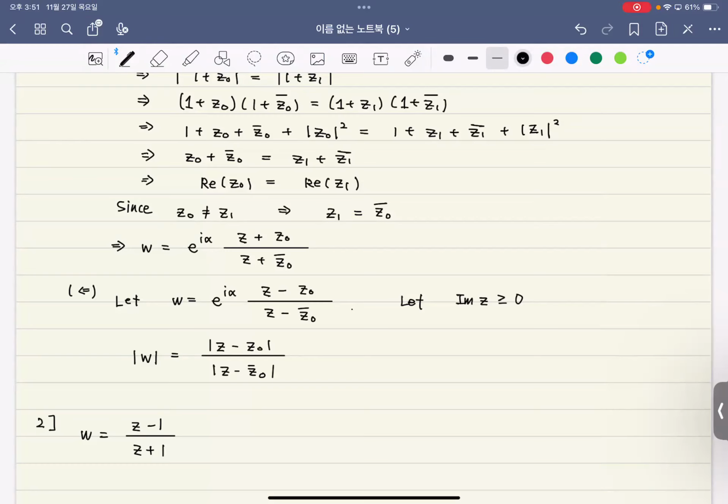Which implies this linear fractional transformation, the so-called Cayley transformation, maps the real line into the unit circle, but depending on the location of this point, sometimes it maps the upper half plane to the interior of the unit circle, or sometimes to the exterior of the unit circle. So that depends on the choice of z0.